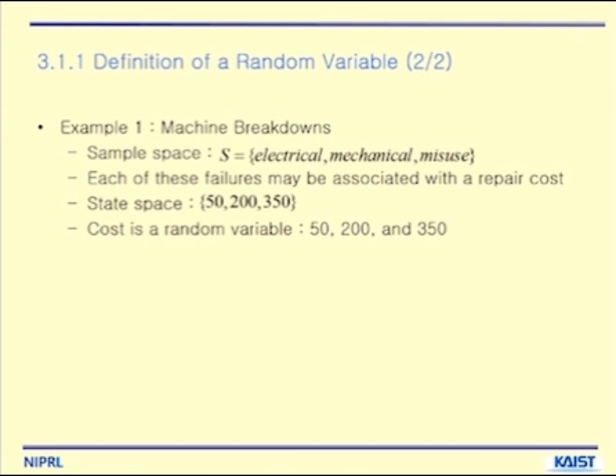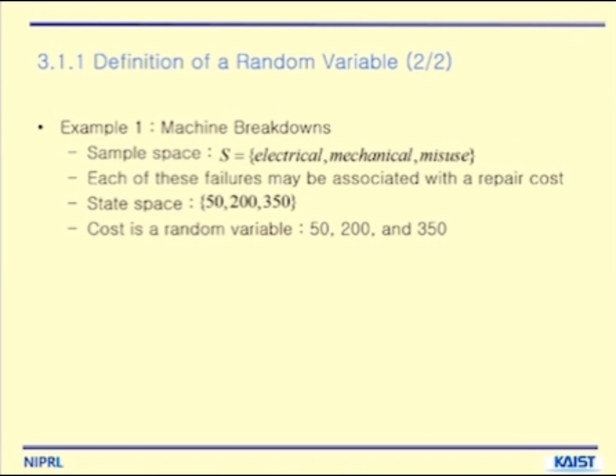Now, if a machine breaks down, then each of these failures may be associated with a repair cost. Now, let me tell you this: in the past, you've had an experience where a machine broke down due to an electrical issue, due to a mechanical issue, due to misuse. Then how much did that cost you on average? You have a record of that. Now that is what we mean by having a state space.